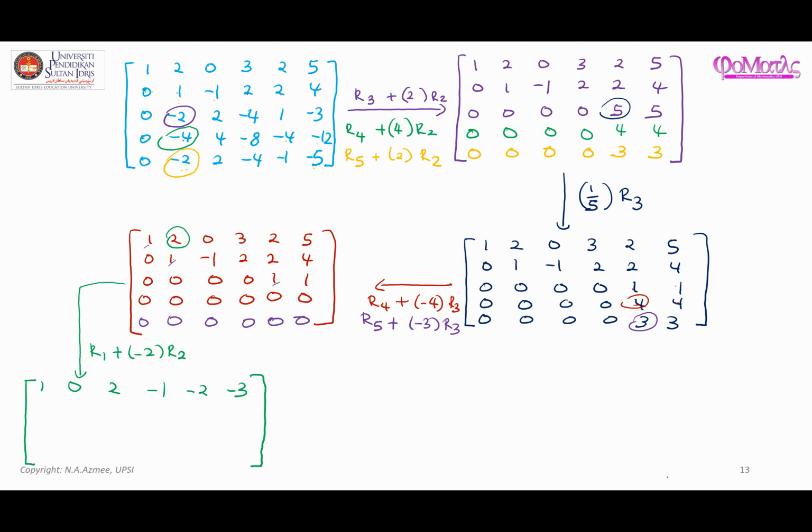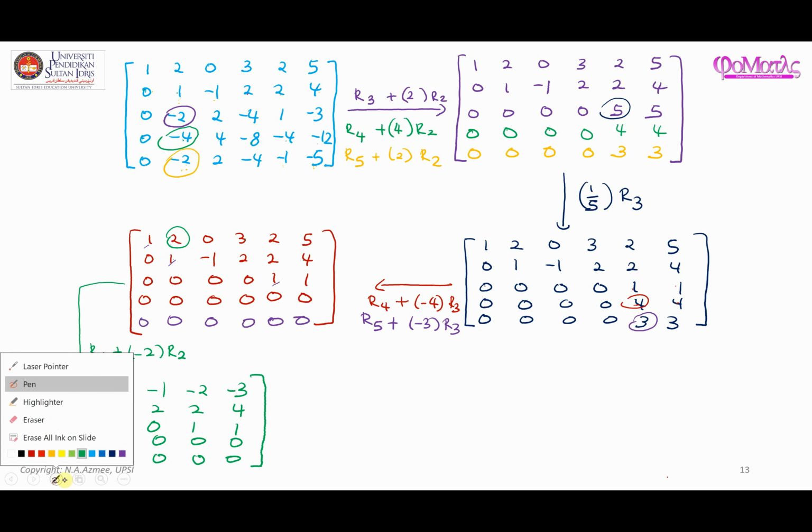Okay, and here we have 0, 1, -1, 2, 2, 4, 0, 0, 0, 0, 1, and 1, and then the remaining rows are all 0.